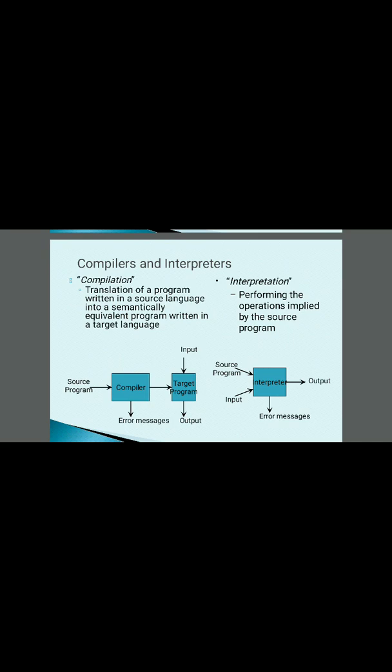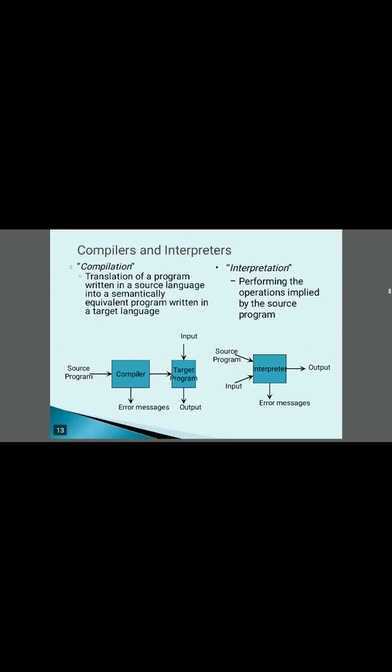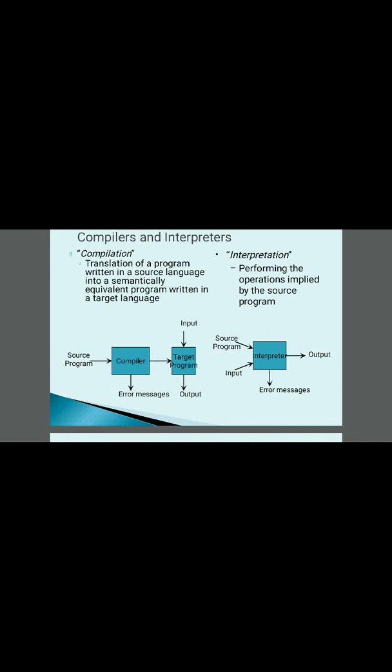But see here, compilation is nothing but a translation of a program written in a source language into a semantically equivalent program written in a target language. You can observe the diagram carefully. What we are doing for a compiler is taking the input as source program, and if there are errors, it produces error messages. If not, it converts it into the target program.